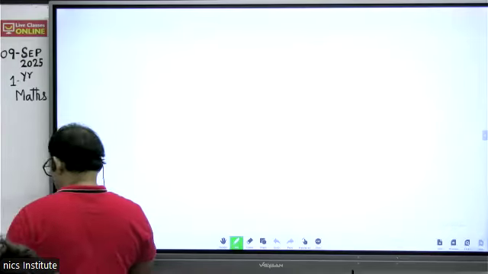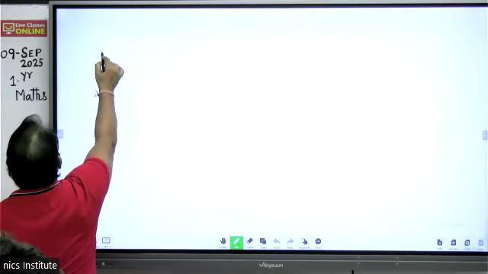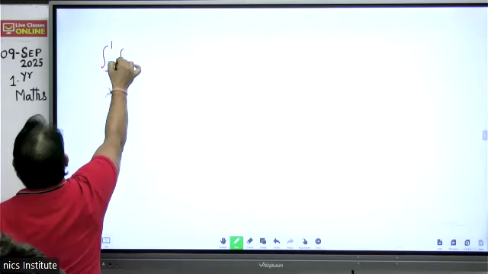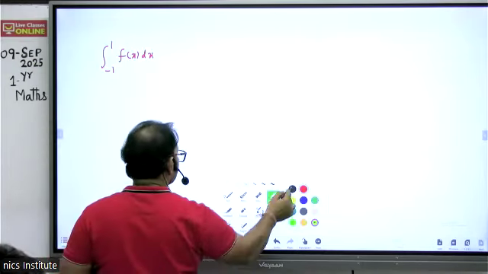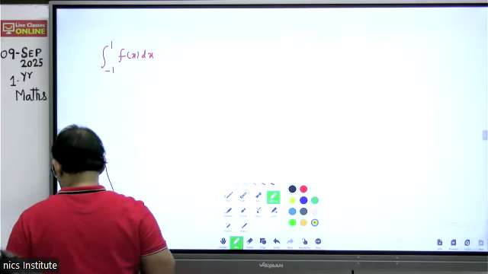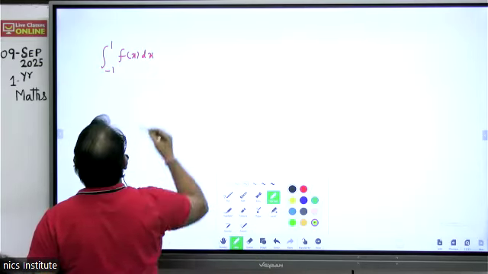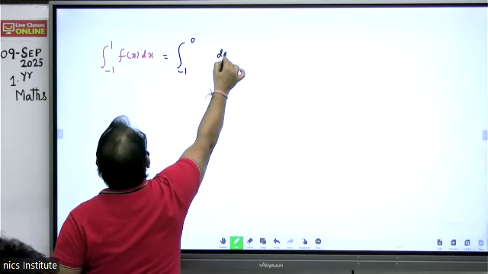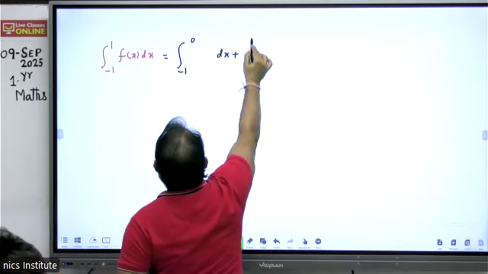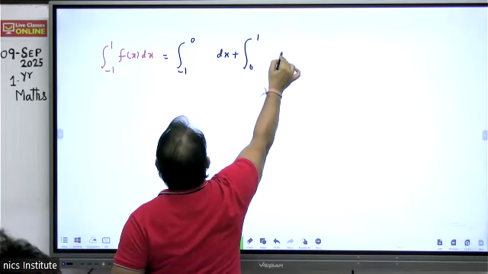In question 1, the function is split into two parts. You have two functions. The first function is for when x is less than 0. So you break the limit into -1 to 0 and then 0 to 1.